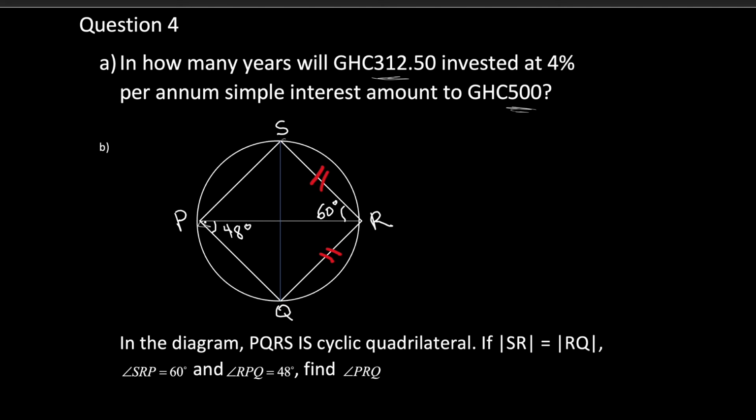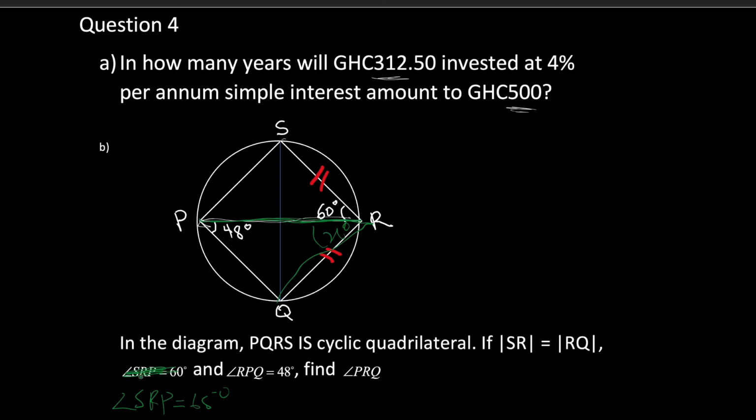So we are finding PRQ. We don't know that angle, so it will be X for now. Angle SRP should be 65 degrees, not 60.